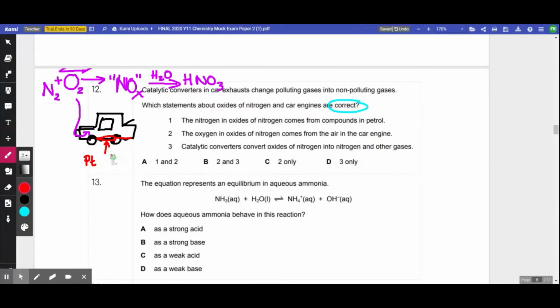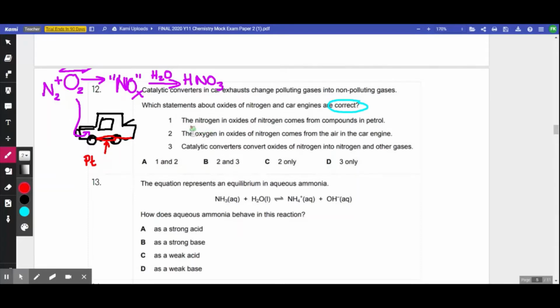What happens in this honeycomb type of environment is that the nitrogen oxides land on there, and they rearrange themselves back to form harmless gases that can then be emitted, some of which are nitrogen and oxygen. So now you have enough information to progress through the question.